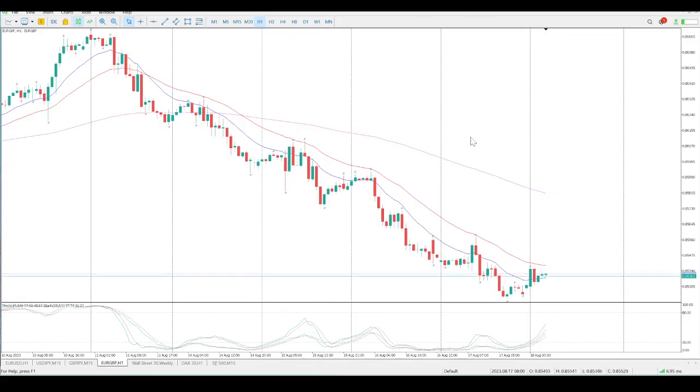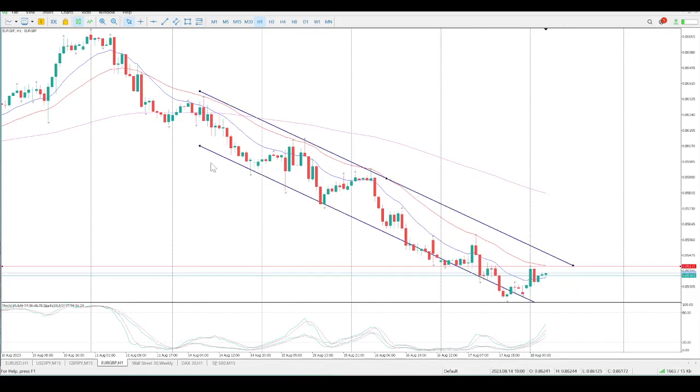Trend is down, no two ways about that. Probably looking at around there as our rejection area, 0.85415. You can also just put the channel in. There you can see our channel, a very strong channel.